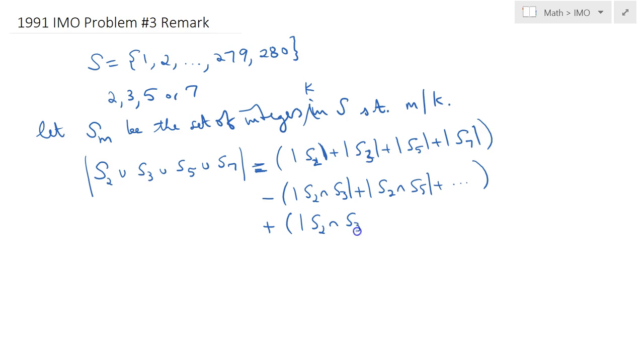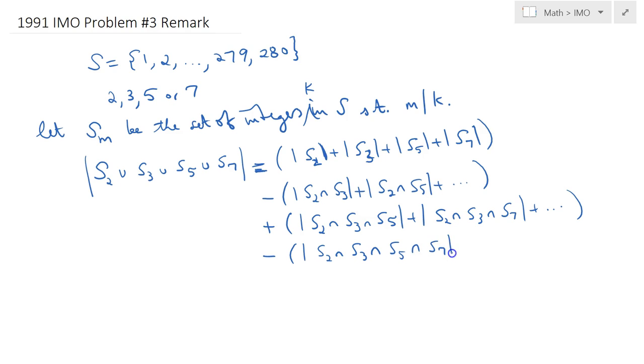So S2, S3, S5, plus, as another example, S2, S3, S7, and so on. There should be 2 more here. And finally, subtract the whole intersection: the number of integers that are divisible by 2, 3, 5, and 7 at the same time.